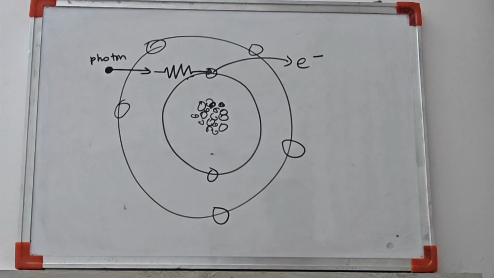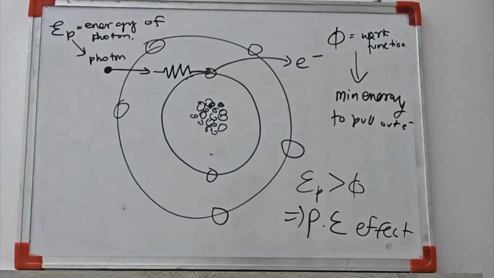So now let's do the mathematics here. How do we calculate how much energy is involved and what is happening? As we can see, EP is the energy of the photon, and there is this written here, which is phi. Phi is the work function. Work function is the minimum energy which is required to pull the electron out of the atom.